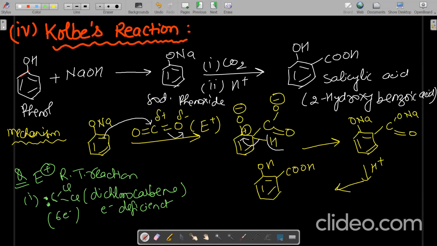Now you count how many electrons are present at this carbon. Tell me. 2 electrons, this lone pair, and 2 bonds, that is 6 electrons. So this dichlorocarbene has only 6 electrons on carbon, and due to 6 electrons, it is not electron rich. Because when you see the lone pair, you think it is electron rich, but it is actually electron deficient, and hence it acts as an electrophile only.